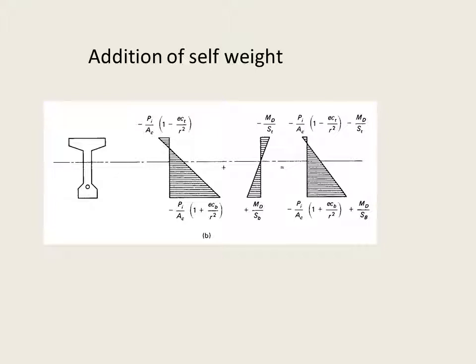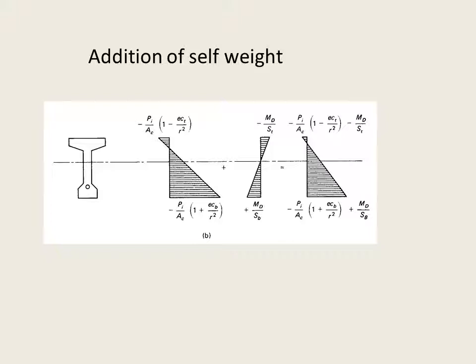This is what we got from the previous slide, and then we introduce the self weight. Again, this means at the top, compression, and at the bottom, tension because of the gravity loads.